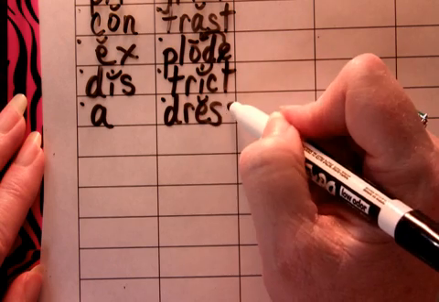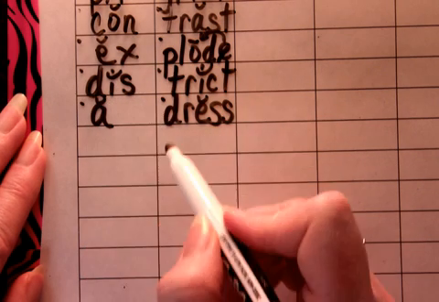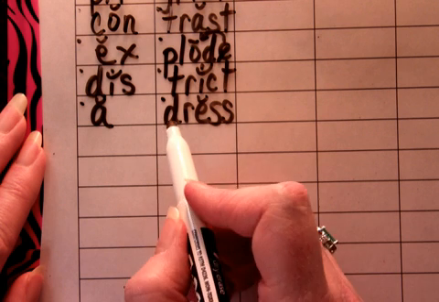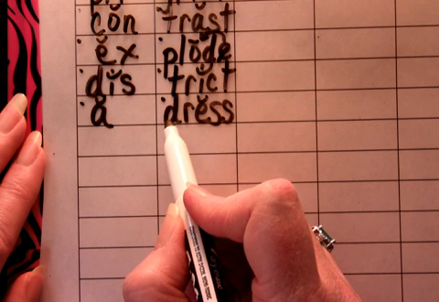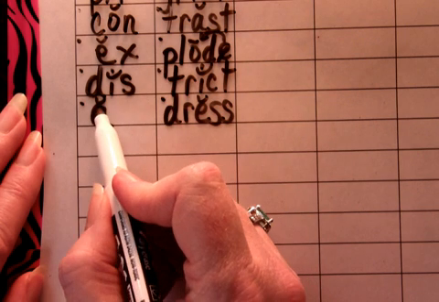That is a single short vowel. We double the S. Dress. Now listen, dress. We only say one D sound, but we need to double the D in the middle of the word to protect that short vowel.